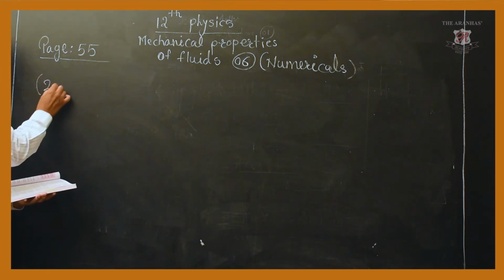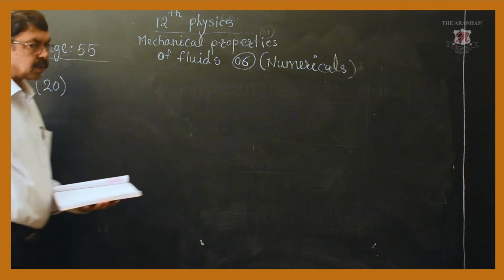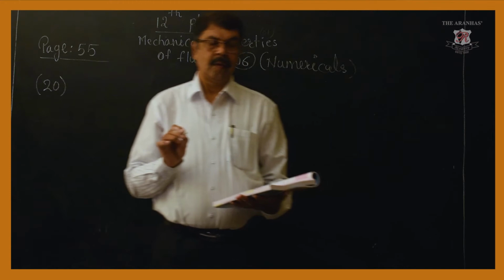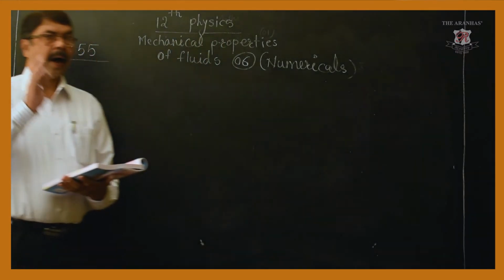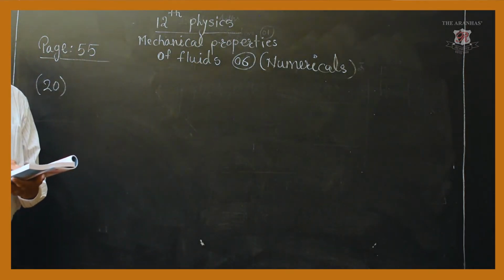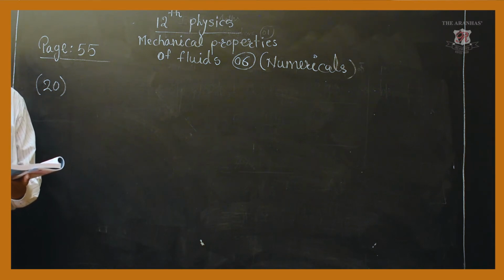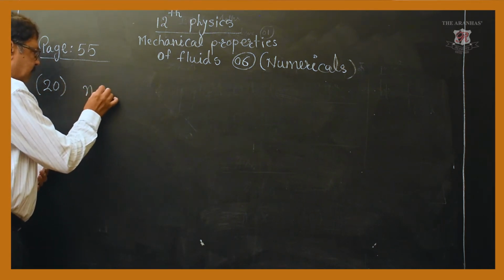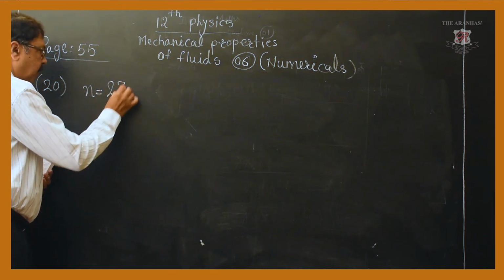Solving the 20th. Now, this is going to be a little bit lengthy one. Understand the process. See what they have given. 27 droplets of water. Number of droplets, 27.